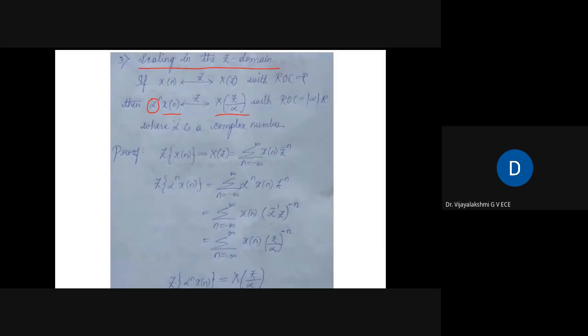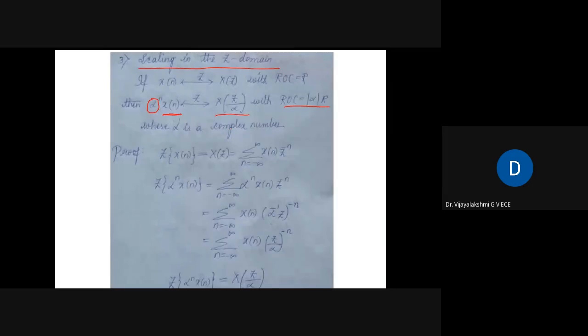So when z is scaled in the z domain by a factor of alpha, its corresponding time domain signal x of n will get multiplied by alpha power n, and you can see ROC will also get multiplied by alpha. Earlier ROC was just R, so if X of z is scaled by a factor of alpha, even the ROC will get multiplied by alpha into R, where alpha is any complex number.